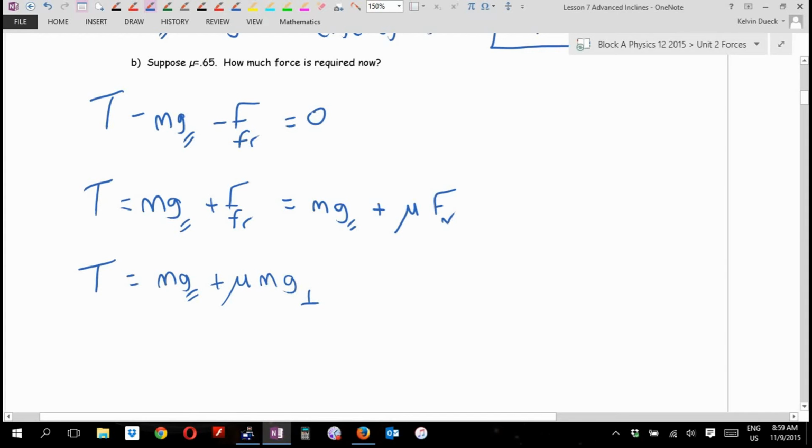Now that you've started to wrap your brain around this, common mistakes. Kids get this far, and then they're so proud. I've got the equation. And you should be proud. And they say, oh, mg parallel is sine, and then they go mu m, and then g perpendicular is cos.